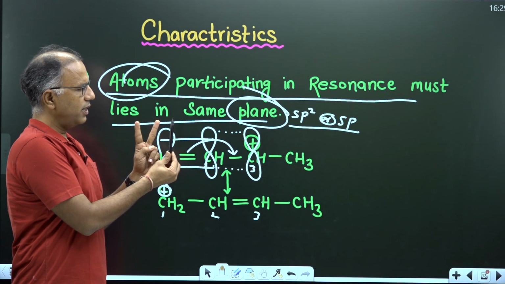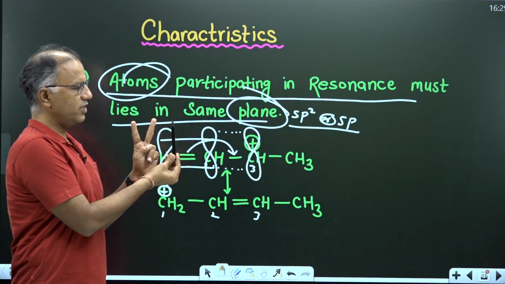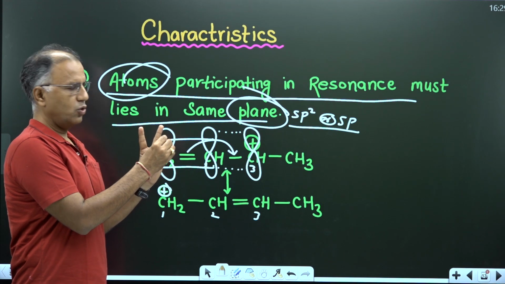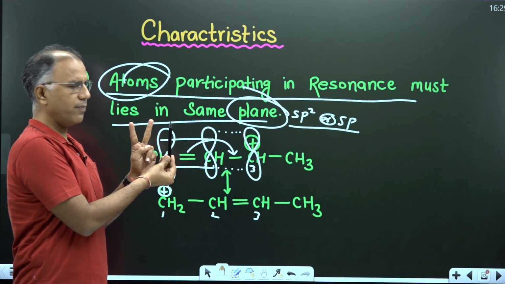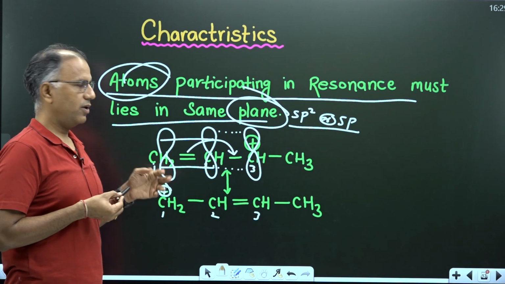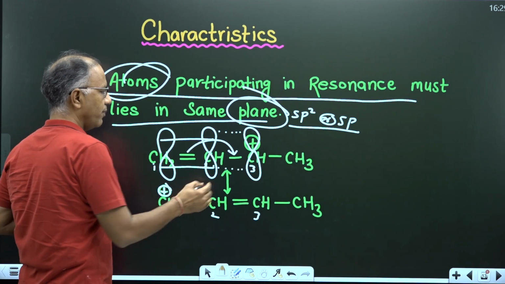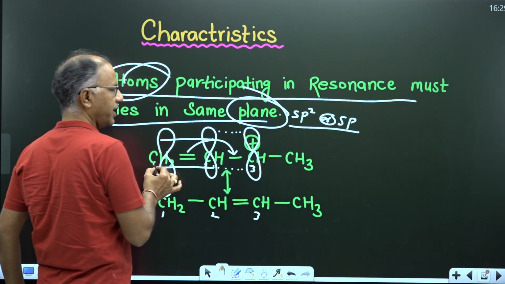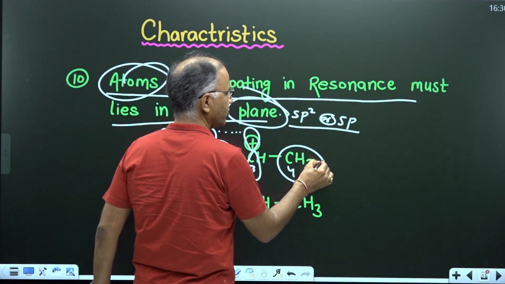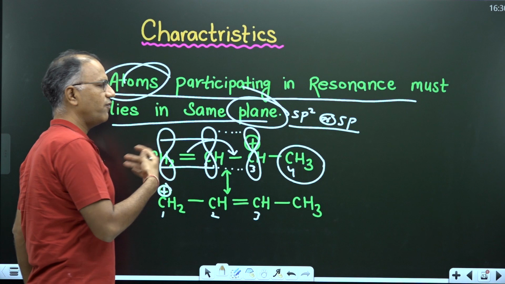Let us assume that if this p orbital is perpendicular, then pi bond formation doesn't take place. So, in order to form a pi bond, the p orbitals must be parallel. This means the participating atoms must lie in the same plane. Why participating atoms? Because resonance takes place across 3 carbons. The 4th carbon is not participating in resonance, so this atom may be out of plane.